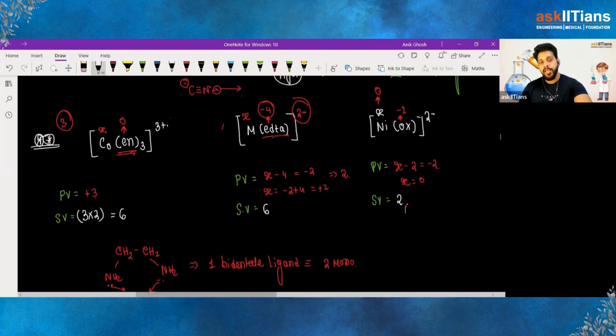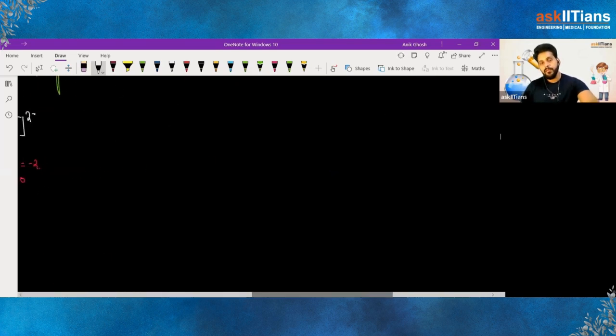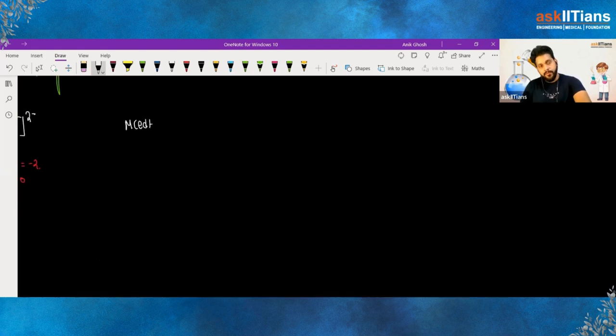Let me show you the M-EDTA complex here now. Let's say I want to make a M-EDTA complex. First, guys, you tell me from our earlier discussion, EDTA being a hexadentate ligand, the coordination number is 6. Or secondary valence is 6. That means what is the geometry?